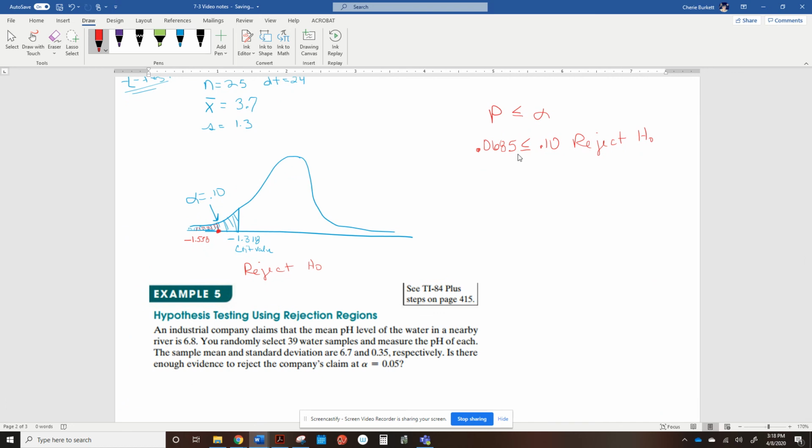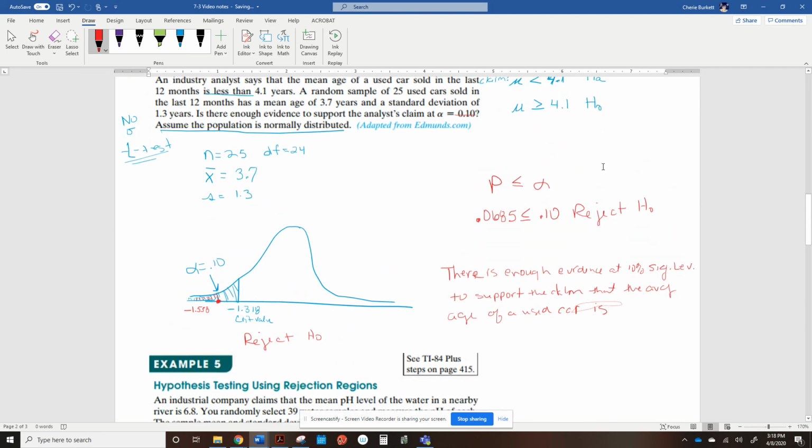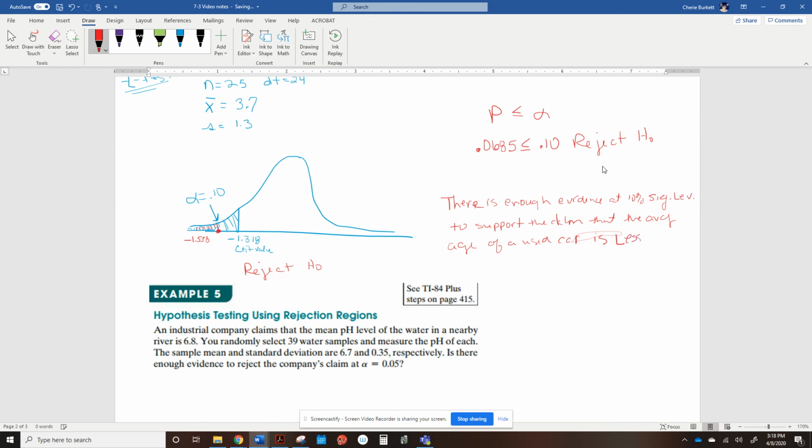There is enough evidence at the 10% significance level to support the claim that the average age of a used car is less than 4.1 years.